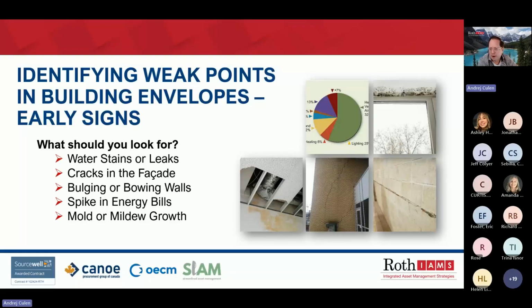Mold thrives in damp environments, so its presence signals that water is infiltrating the building somewhere, likely through gaps or leaks in the envelope. A mold remediation specialist can help clean up the immediate mold issue, but you'll want to bring in building envelope experts to correct the water intrusion problem itself. And always remember, always contact a professional expert to determine the underlying cause and appropriate repairs. The earlier, the better.